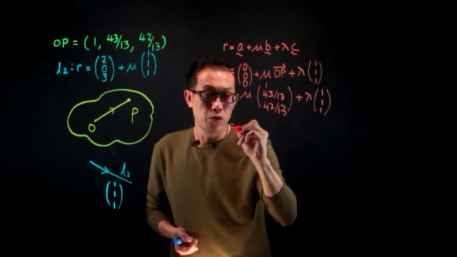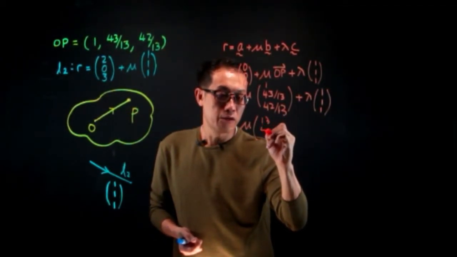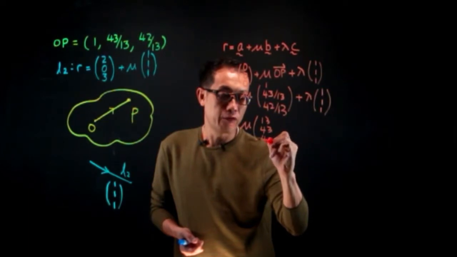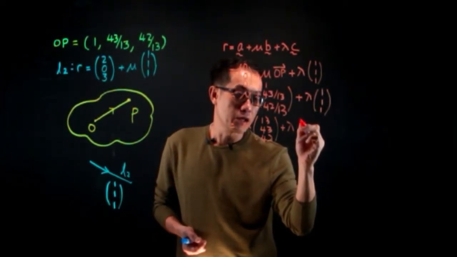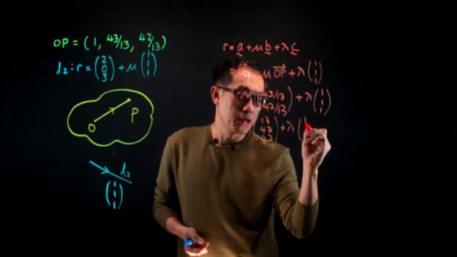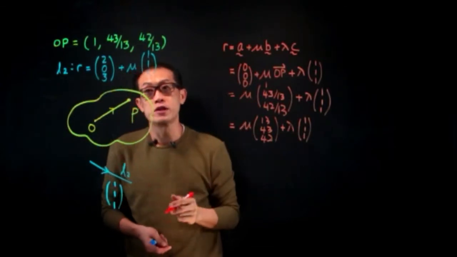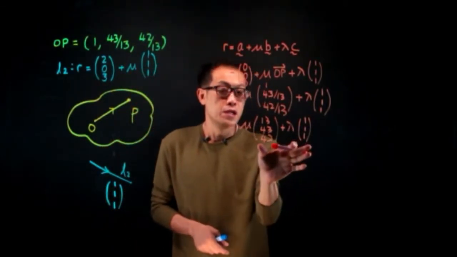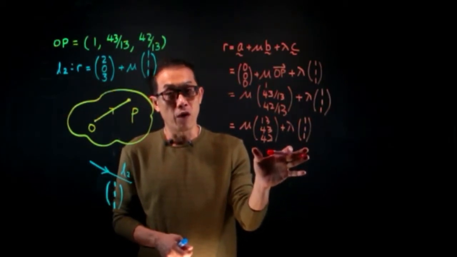So it will be mu 1, 4, 2. Now this is the vector equation of the plane, but this is not good enough because they want the Cartesian equation of the plane. So we must learn how to convert this to the Cartesian form of the plane.